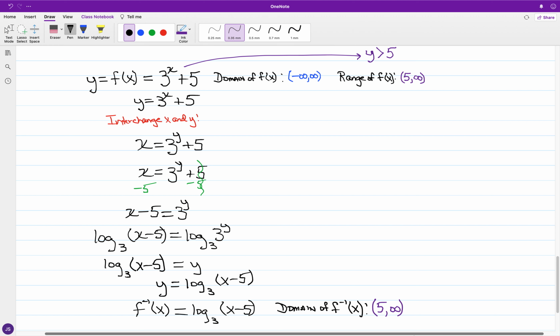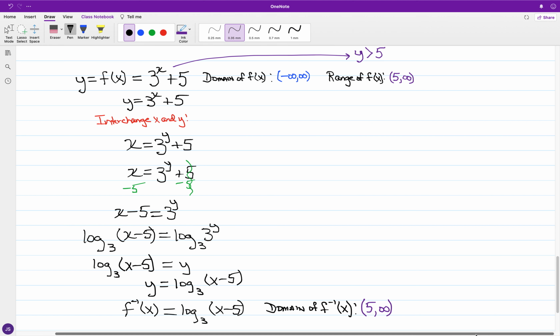And as for the range of this inverse, it pertains to y in the same manner of what we were pertaining to x for the exponential function. So for y, we're going to have the set of all real numbers.